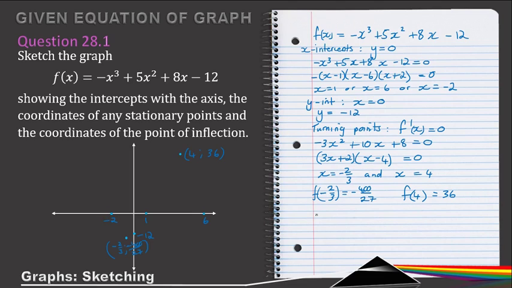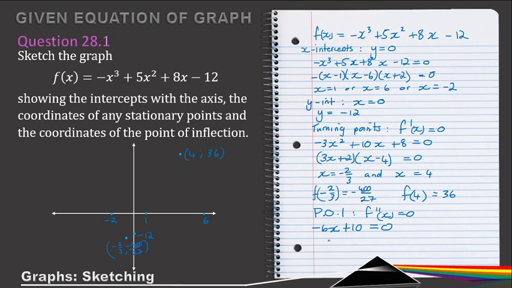Okay, and the final thing we need to find is the point of inflection. And that we do by finding the second derivative and solving for x. So my second derivative, if I take this function and derive it again, I get negative 6x plus 10 equal to 0. Right?